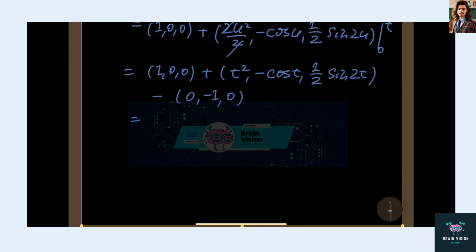So we get 1 plus t squared, 1 minus cosine of t, and then 1 over 2 sine of 2t. Okay.